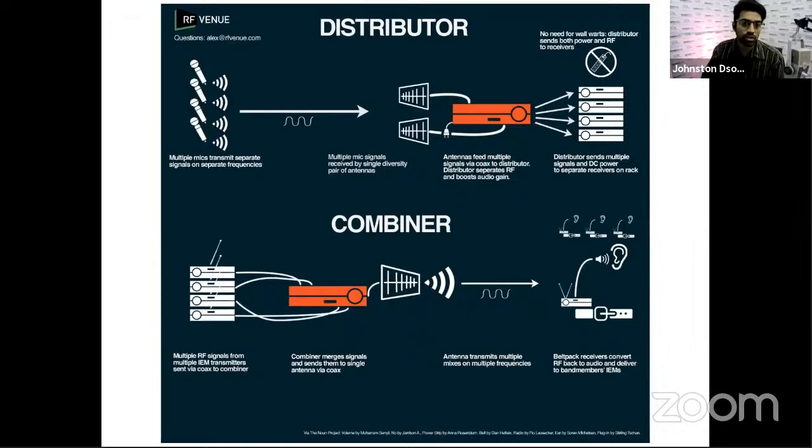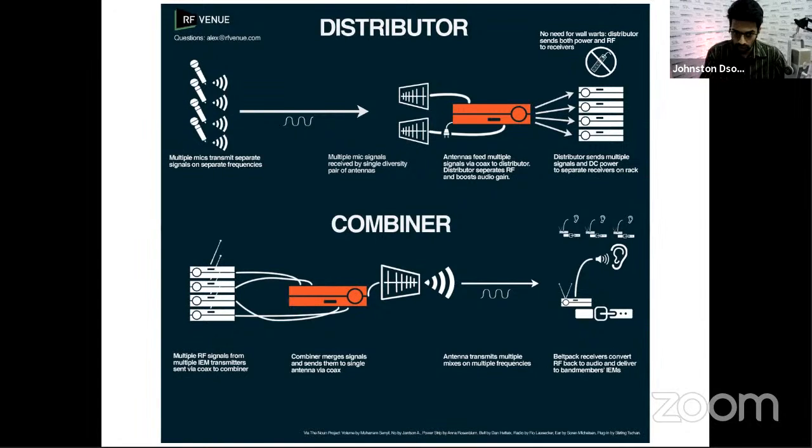This picture here will tell you the difference. On the upper half, you see the distributor system, where you have multiple microphones. You have 2 antennas in diversity, combining all those 4 microphones, and then sending coaxial outputs to your receivers on the right hand side.